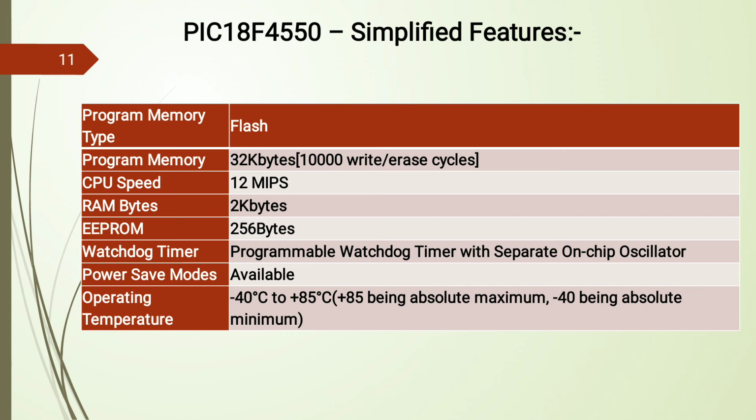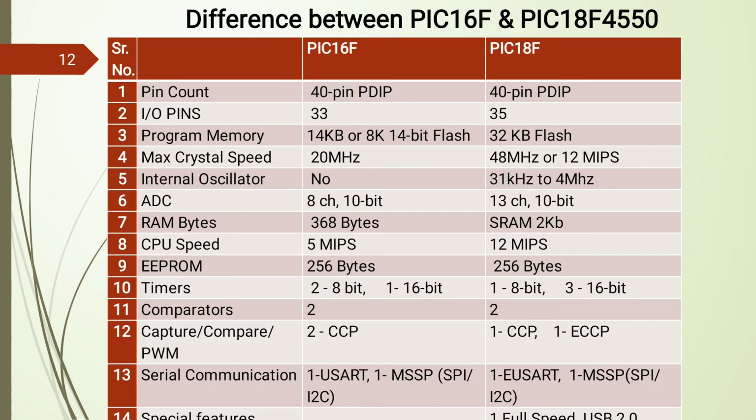After that, we compare this version of microcontroller, that is 18F, with the 16F microcontroller. So see the difference. If we consider the package level, it is the same for both ICs, that is DIP package with 40 pin capacity, which is the basic version and mostly available in the market.